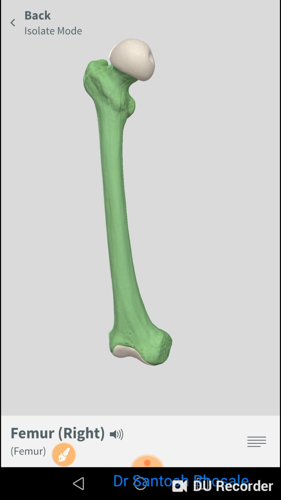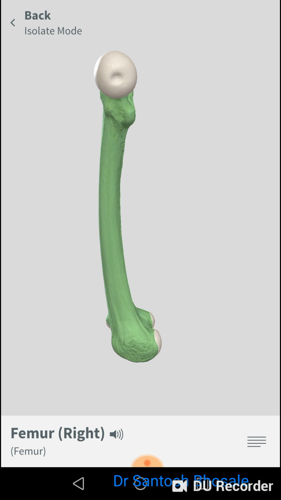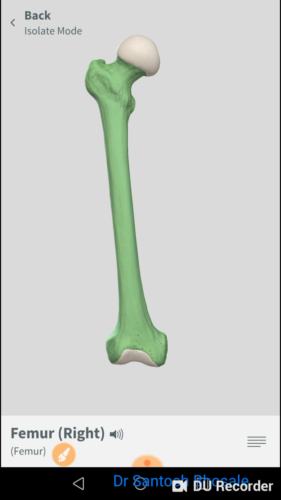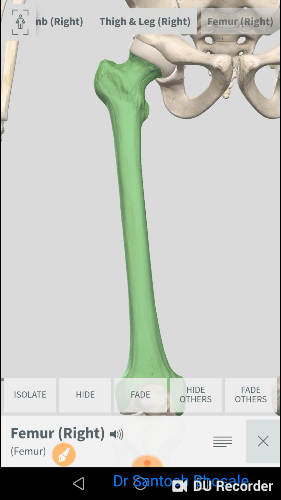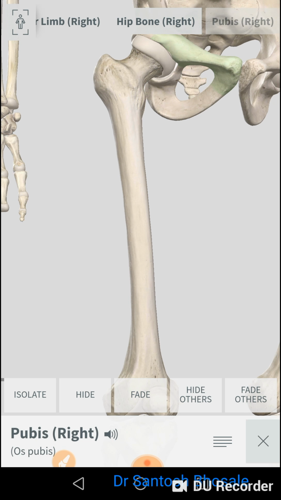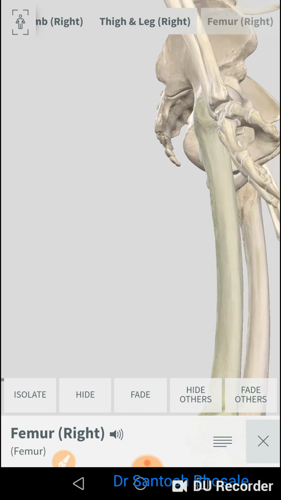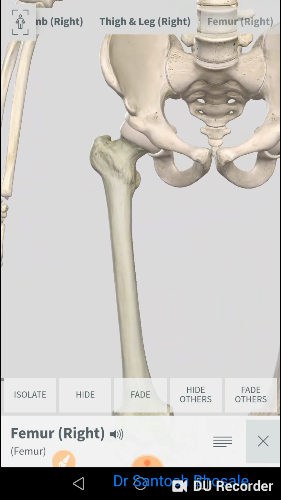This Fovea Capitis gives attachment to the ligamentum teres of the femur, and its head will articulate with the acetabulum of the hip bone. You can see here the head is articulated with the acetabulum of the hip bone to form the hip joint.